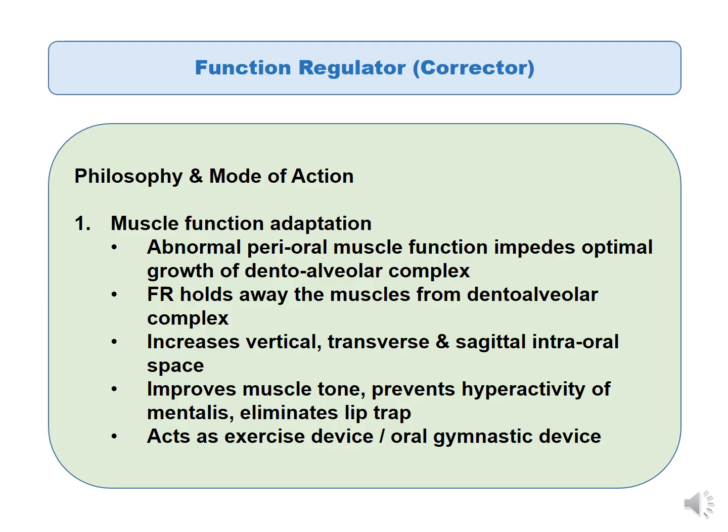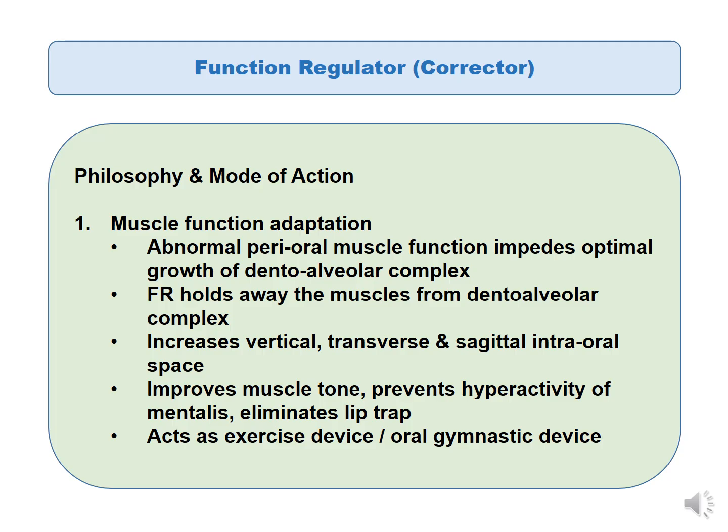The mode of action of the function regulator is as follows. Number one, it creates muscular function adaptation. Now, abnormal perioral muscle function is believed to impede optimal growth of the dentoalveolar complex. The function regulator holds away the muscles from the dentoalveolar complex.